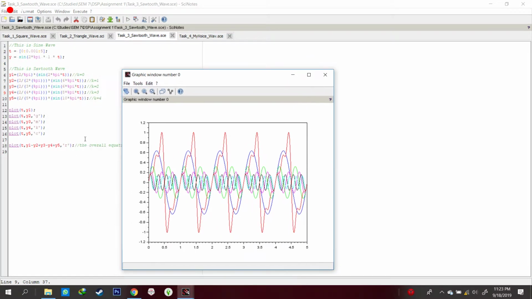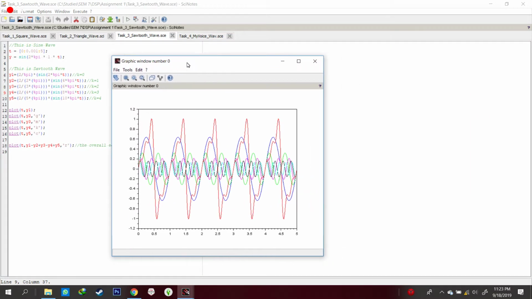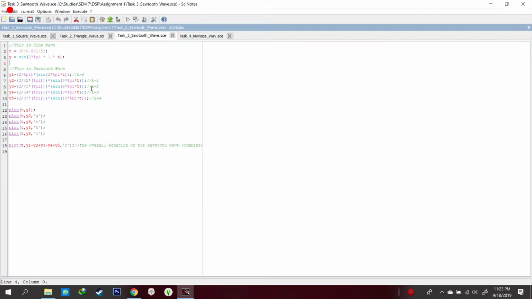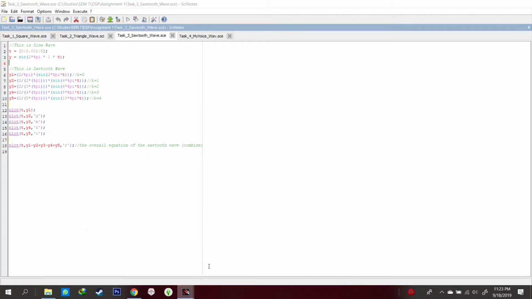As you can see, the red one is the overall equation of the sawtooth wave. It is combined, and you can get the red one. You can see the shape of the sawtooth. Basically the formula is here. You just put in k and the time inside the formula, and you can get the graphic window like this.